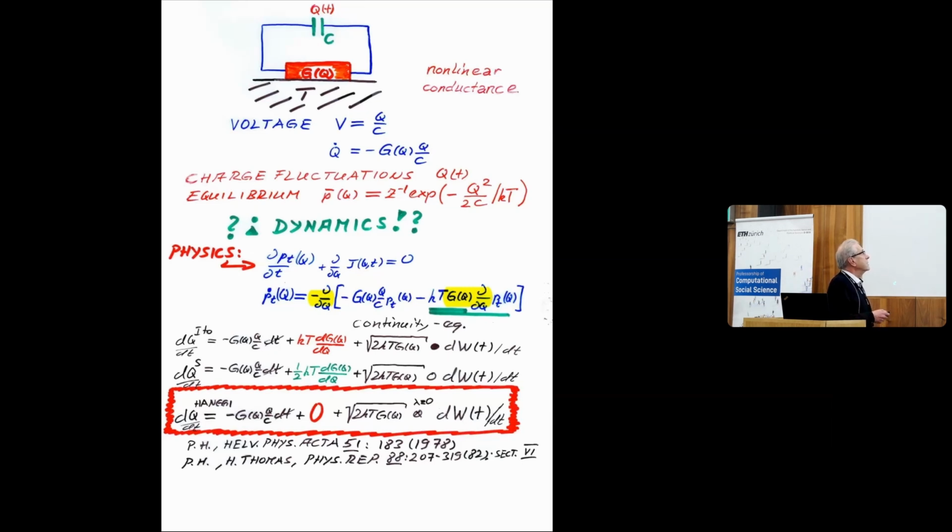And then, of course, you ask, how do you make a model for this nonlinear resistance? You have a conservation of charge, and you work with the probabilities. The physics tells you that you have a current and a probability, and P dot is given by the drift term. And then you have this nonlinear resistance, and that's now the difference, because we know from Fick's law or the Fourier law that if you have a nonlinear resistance, it has to go here, and you see from this Fokker-Planck equation that the derivative of D with respect to q sits between the multiplicative noise strength and this part, okay?